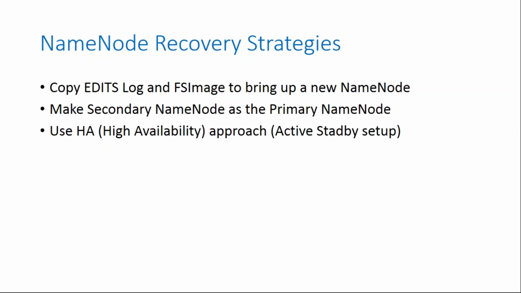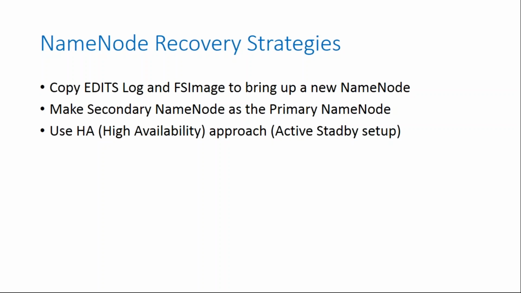So if it is a shutdown, we could get the log file and the FS image on the secondary name node, and then use another node, or use the same secondary name node, and put it up as the primary name node, and it is going to start processing the incoming requests. It probably needs a DNS name change, because we are technically turning this into a primary node.